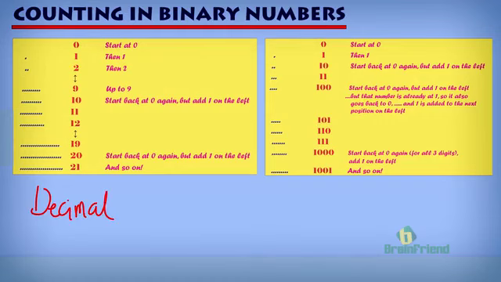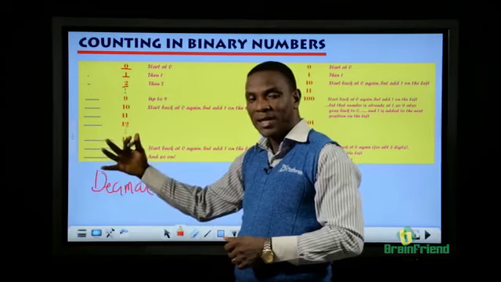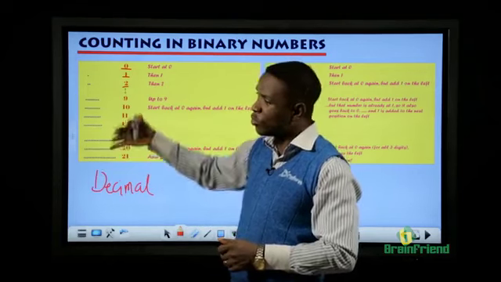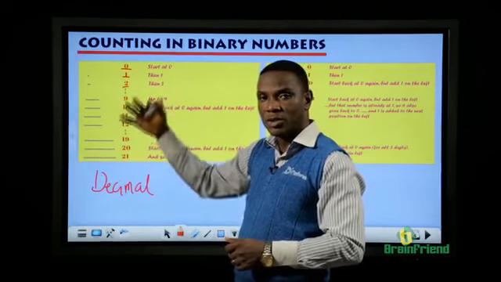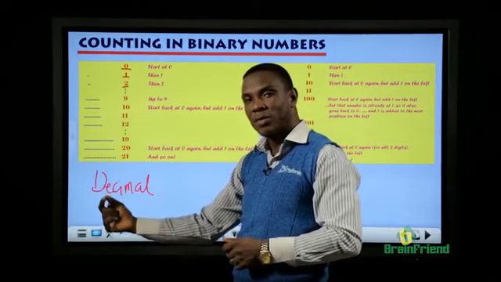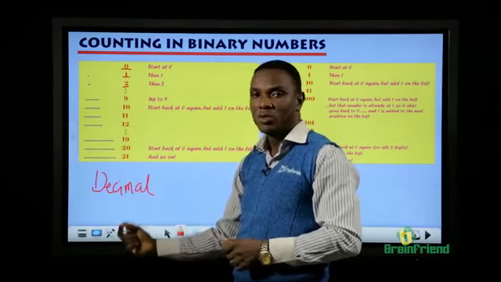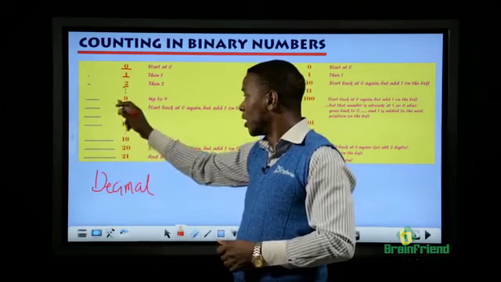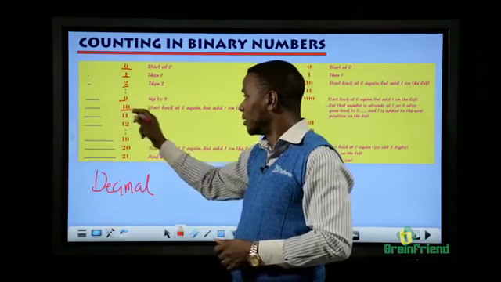We count starting from 0, and then we have 1, 2, 3, 4, 5, 6, 7, 8, 9. When you get to 9, take note, we've gone through all of our 10 digits. Now we need to end it with the next number that comes and then begin afresh to count again. So when we get to 9, what happens is we say 10.